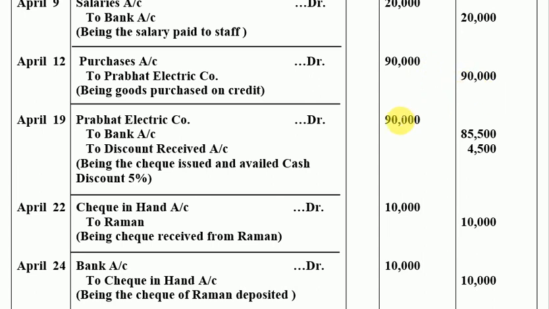Okay, and out of this 90,000, right now he is paying 85,500 after availing the cash discount of 5%. And this cash discount is a gain for him. That's why he has recorded discount received, and the narration will be being the check issued and availed cash discount of 5%.